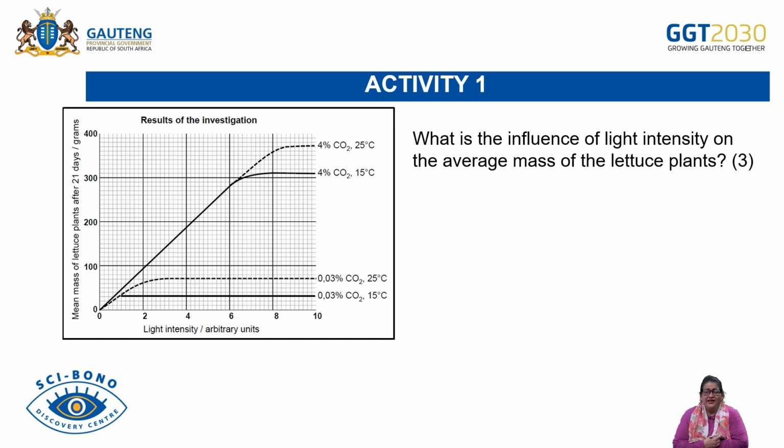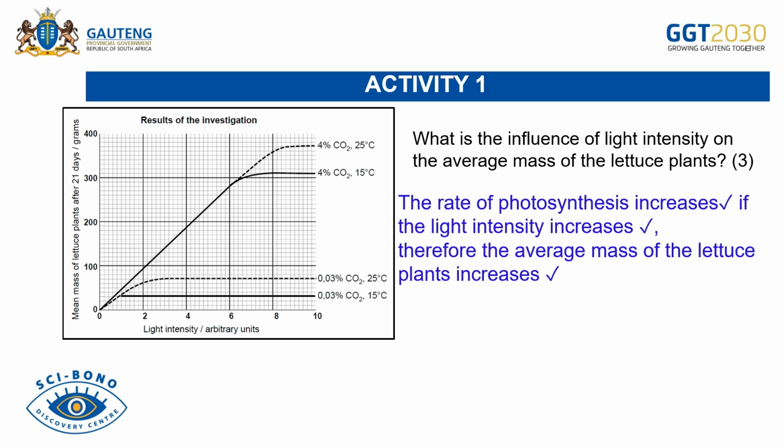Okay, welcome back again, learners. Did you get the answer right? What is the average influence of the light intensity? And you must say it like this, that the rate of photosynthesis increases. Did you have that? The rate of photosynthesis increases if the light intensity increases. Therefore, the average mass of the lettuce plants will increase.